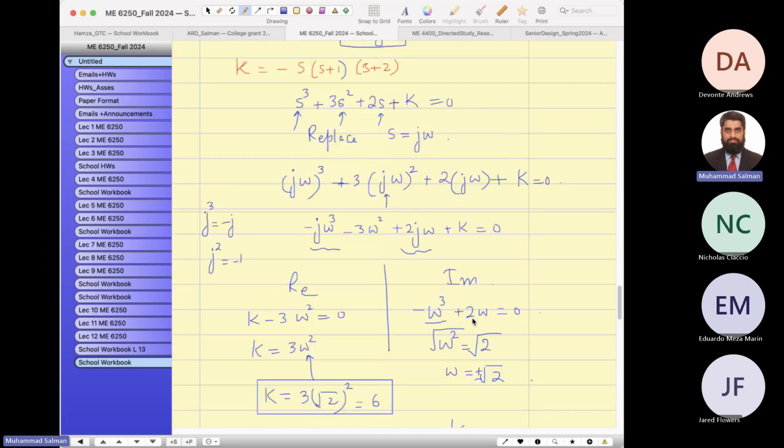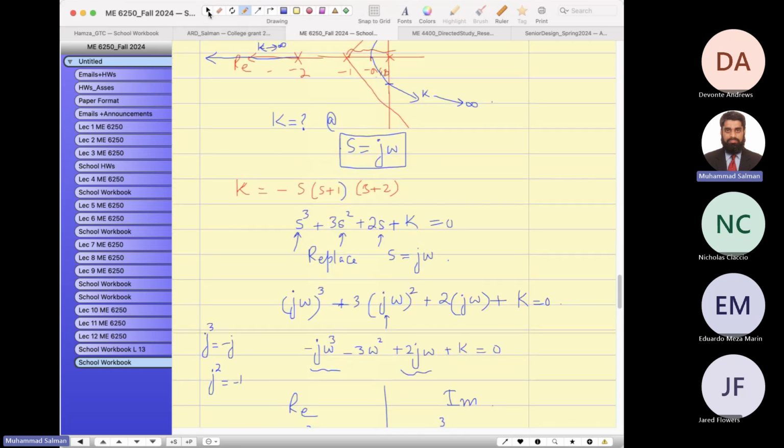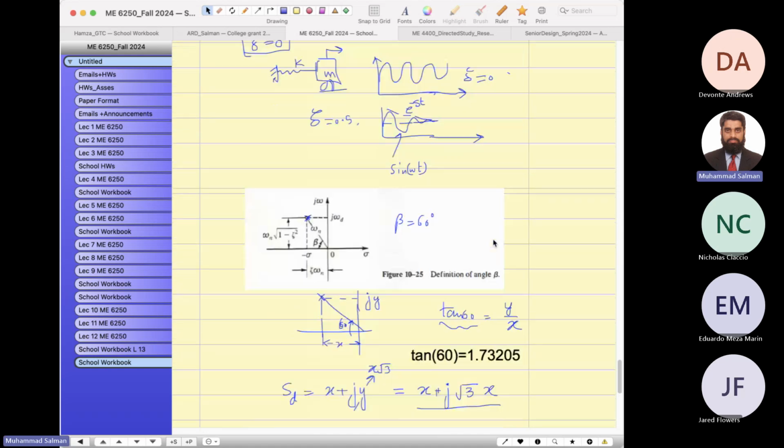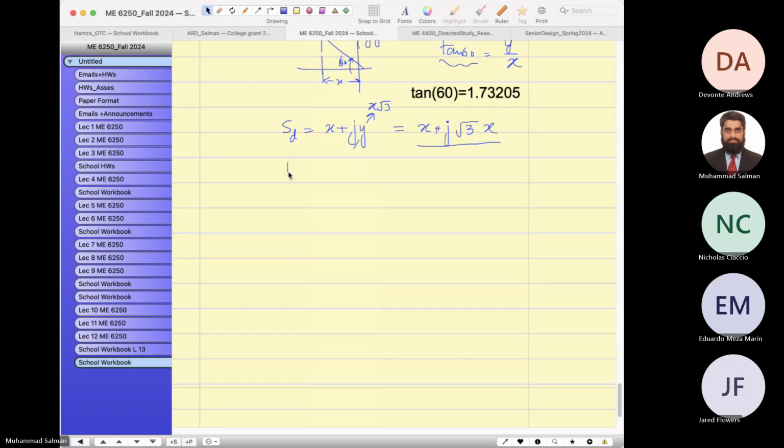Now I'm going to grab this equation, which is the root locus equation. Like you replaced s by j omega, but now you will replace s by x plus j omega, x plus j times square root 3 x. You have to replace it in the whole equation. Replace s equals x plus j square root 3 times x.